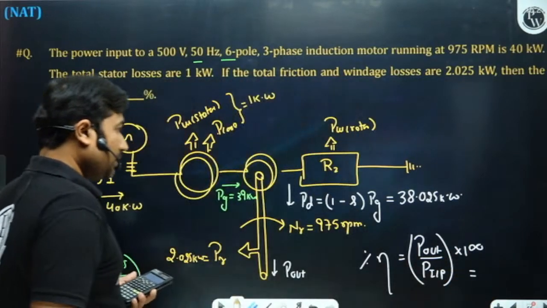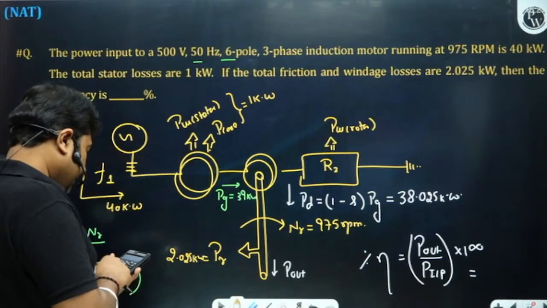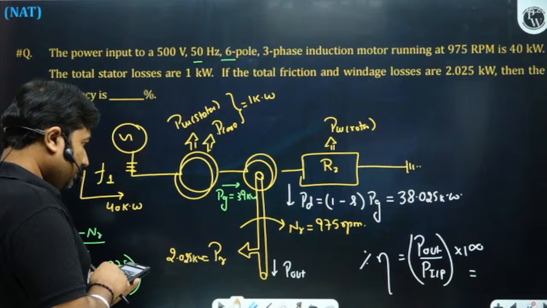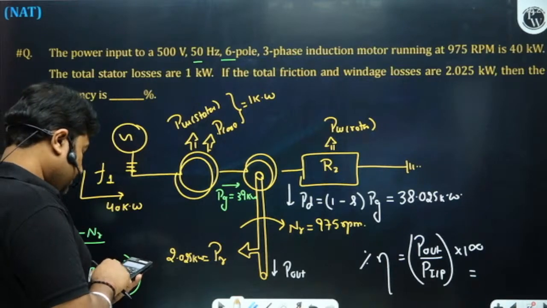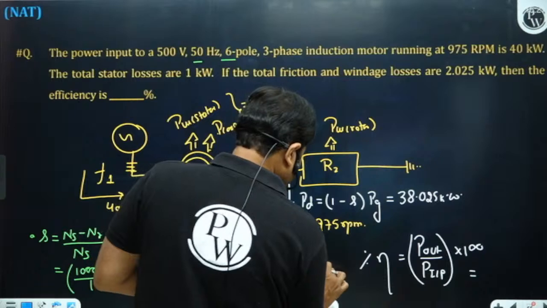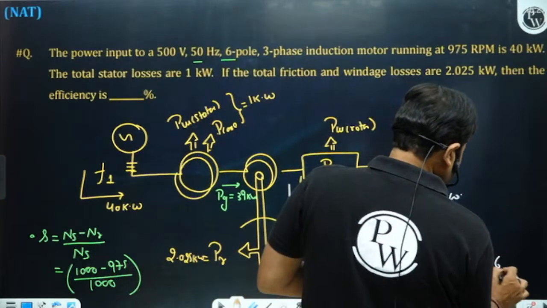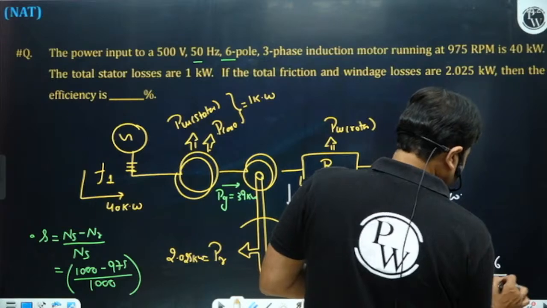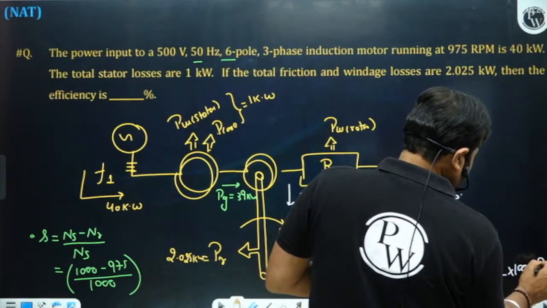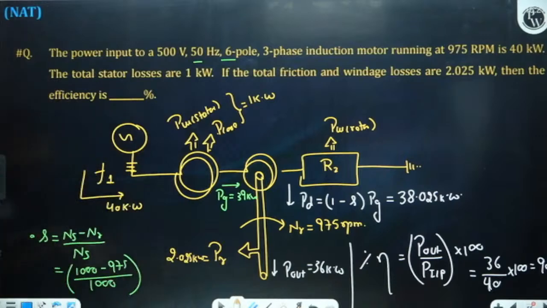So 38.025 minus 2.025, 36 kilowatt, and efficiency will become 36 by 40 into 100, means 90%. So efficiency will become 90%.